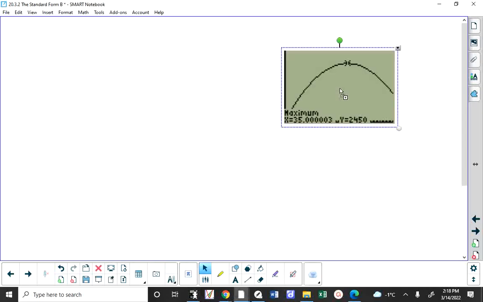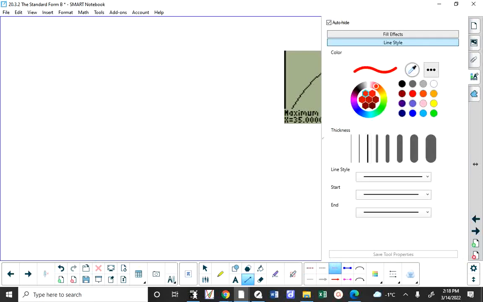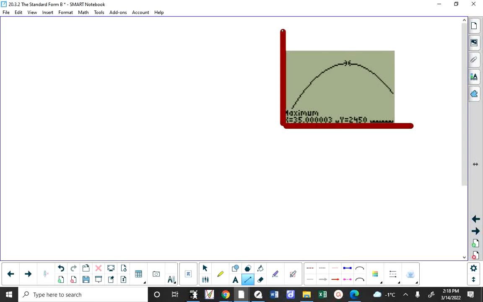So what is this telling us? Well, that graph I had earlier, I said that this point was important because that width gives you the maximum area. So this is the maximum area. And what is the width of the enclosure? The width is 35 meters.